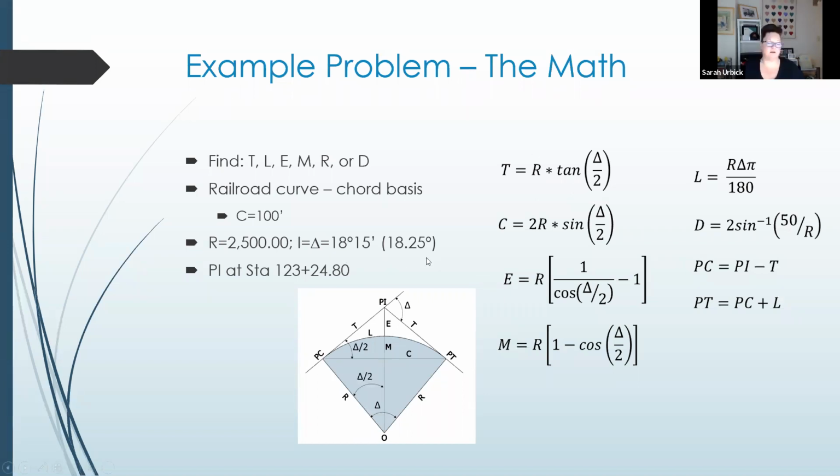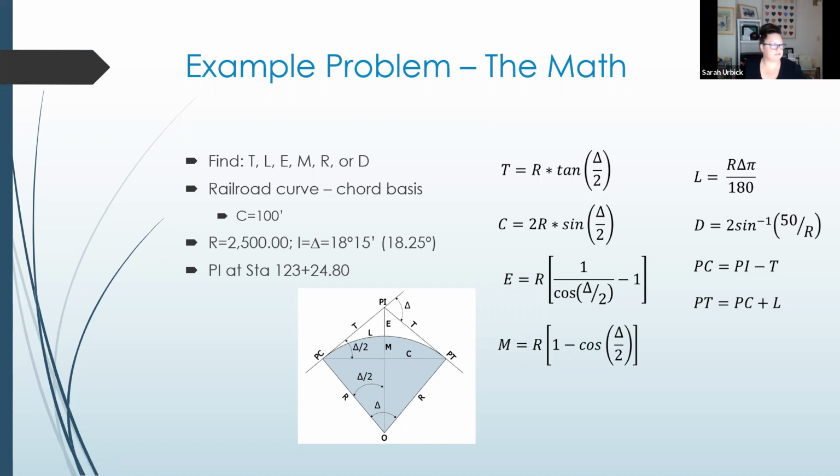It was given in degrees and minutes. Depends on your comfort level how you want to go about doing that. You guys know I convert to decimals. So much easier on my calculator. So then we can find our start and our stop stationing.